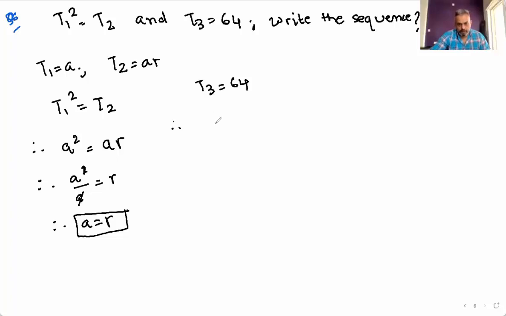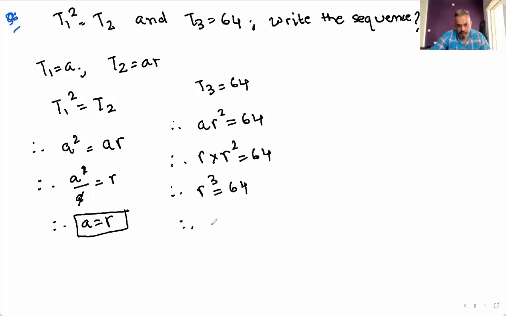Therefore, A into R square is equal to 64. Now, A is equal to R. So R into R square is 64. Therefore, R cube is equal to 64. Therefore, R is equal to 4.